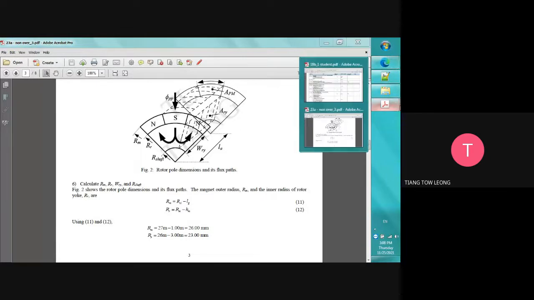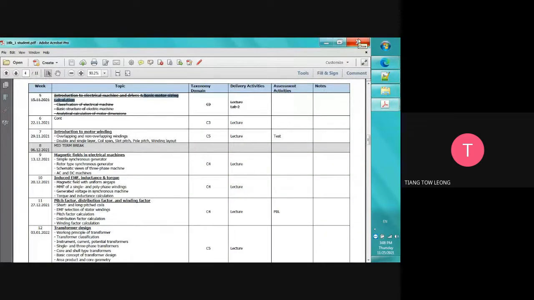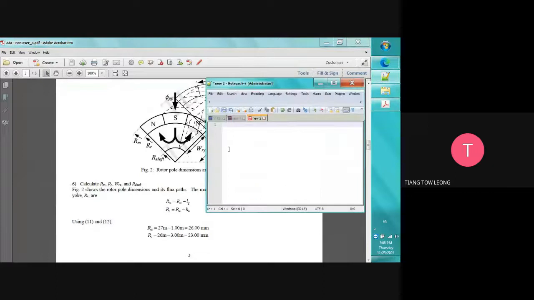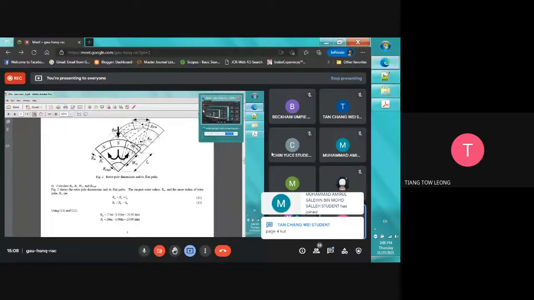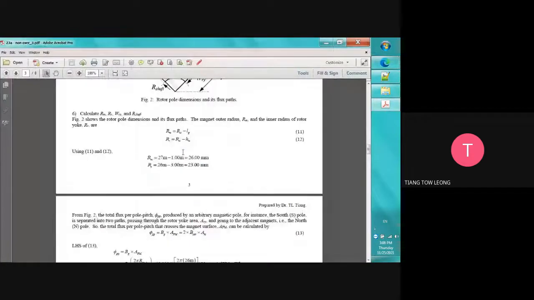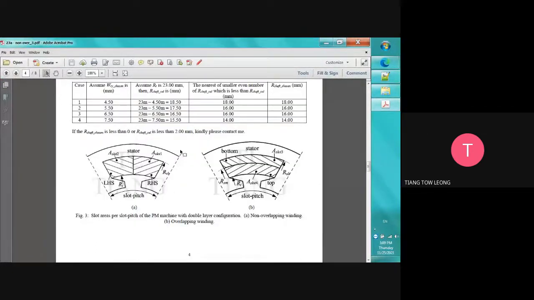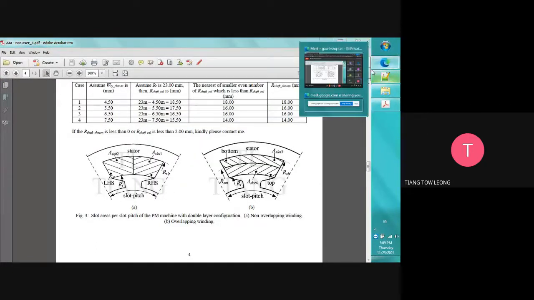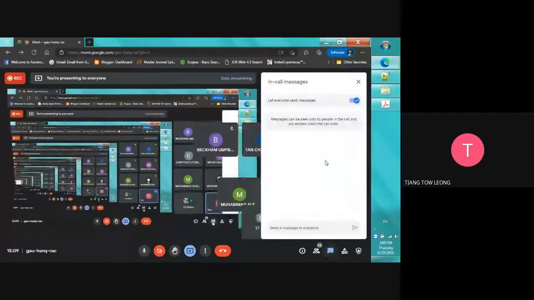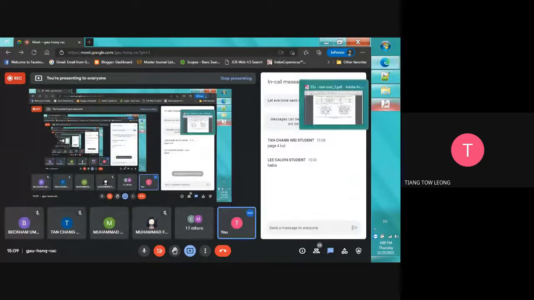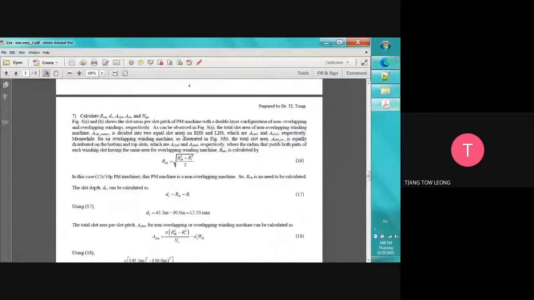Where did we stop last week? Page 4. Page 4, is it finished already, or just about to start? Finished. Oh, okay, okay. So thank you very much.